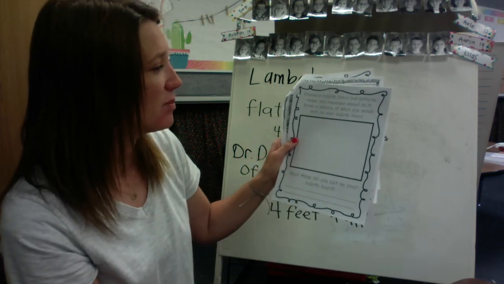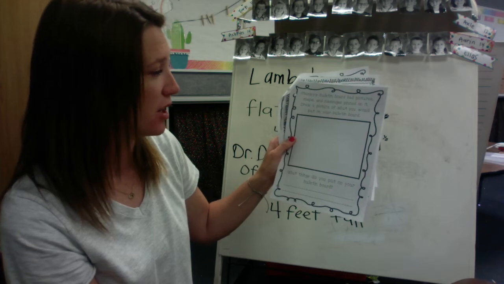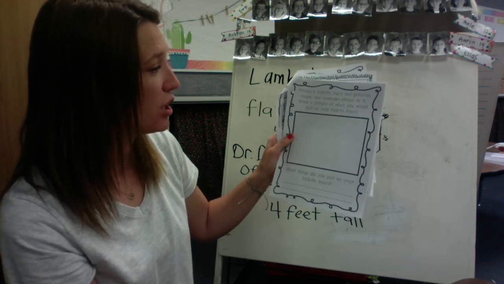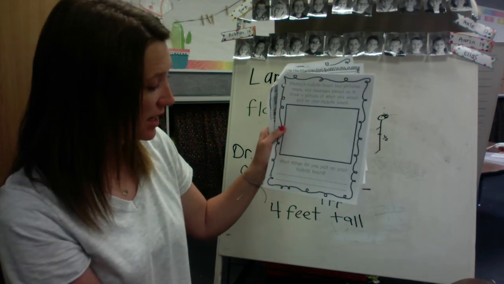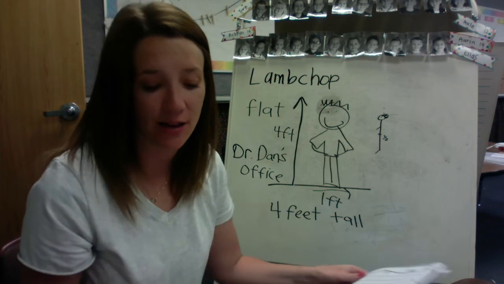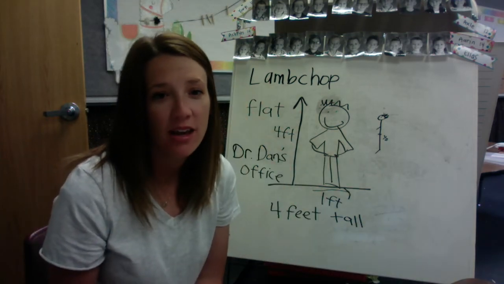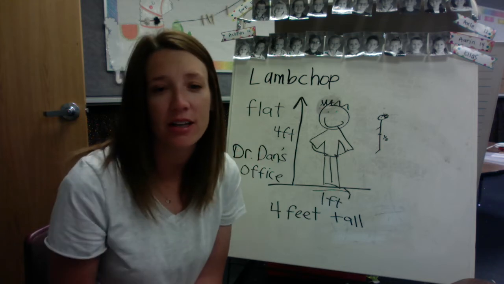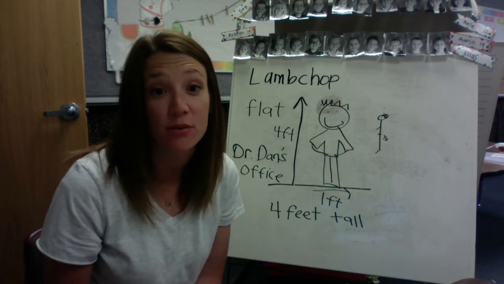It says Stanley's bulletin board had pictures, maps, and messages pinned on it. Draw a picture of what you would put on your bulletin board. And then down here it says, what things did you put on your bulletin board? So Mrs. Meekum, in her house, I have a big, it's not a bulletin board, but it's a big magnetic board. And I have a calendar on it, and I have invitations when we get invitations or things that I have to remember.